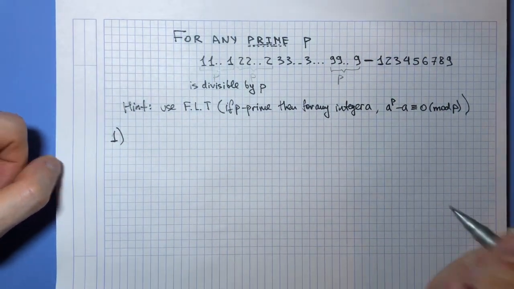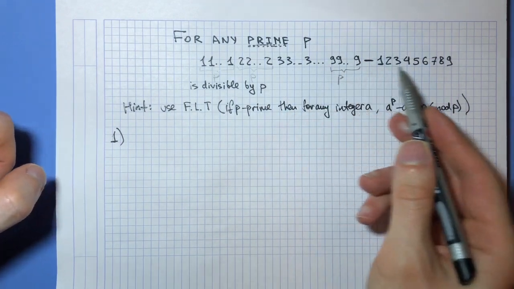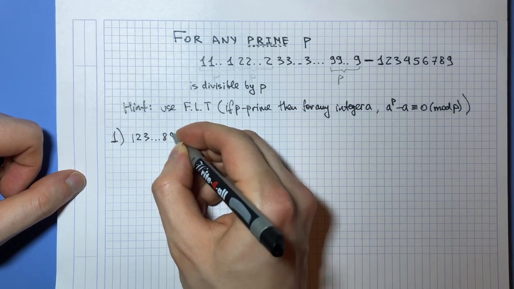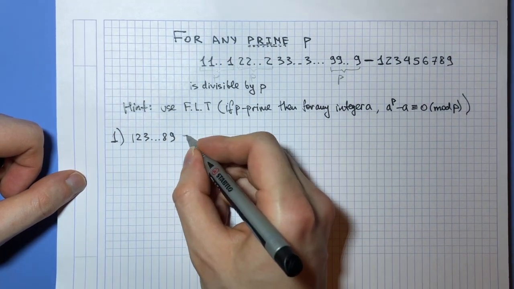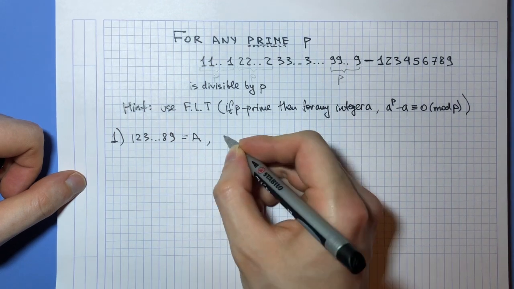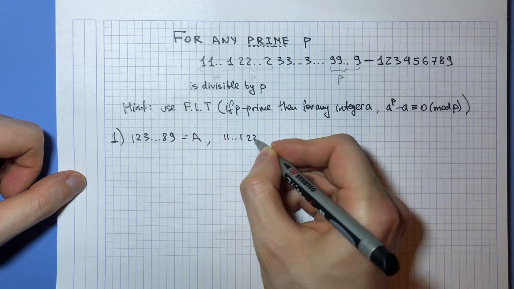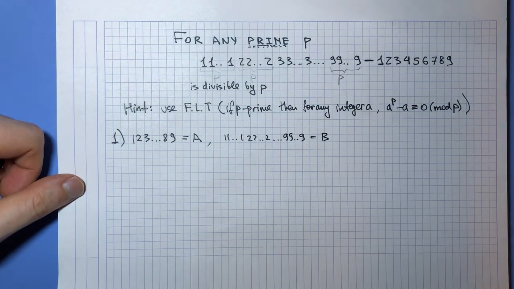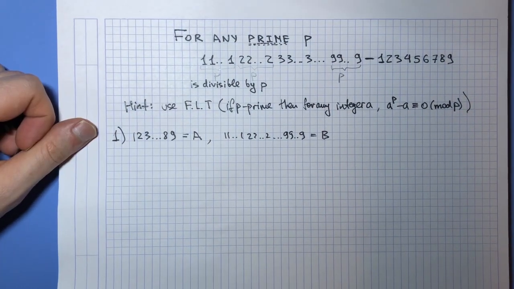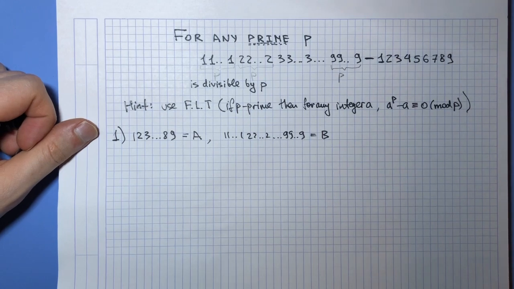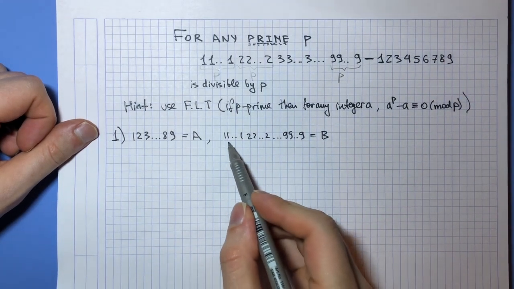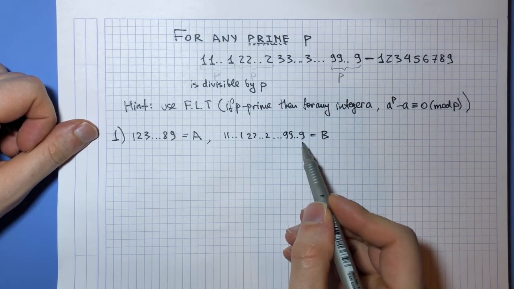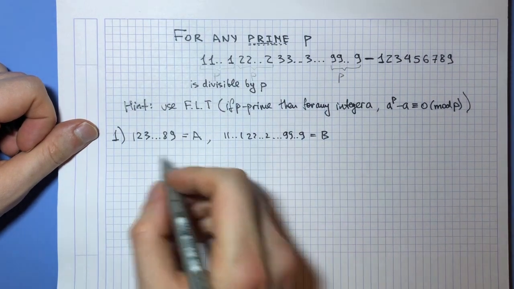Firstly, let us introduce some notation because these numbers are rather lengthy. So let me call this number that has all digits running from 1 to 9 as A, and let me call this big number as B. Now I think it would be wise to look at this number more closely, and maybe rewrite it in a more convenient form.